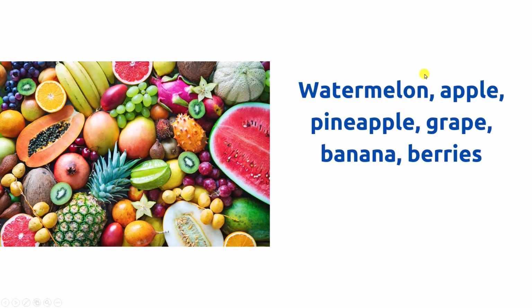But all together, these are called fruit, correct? So this is a photo of fruit. We have different fruit in this. So collectively all these fall under the heading of fruit.